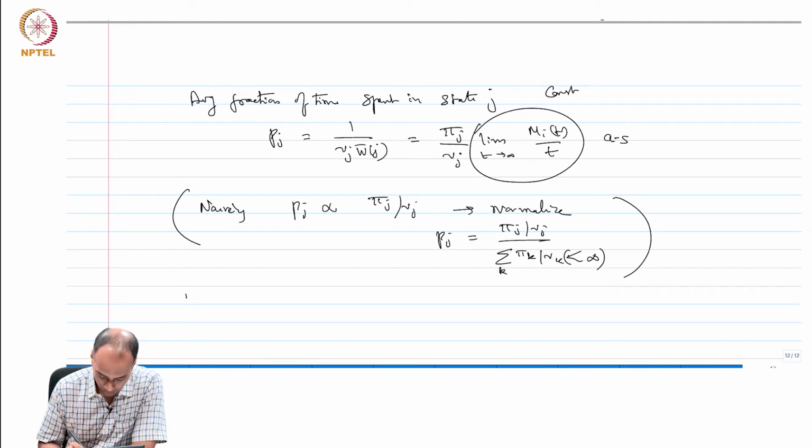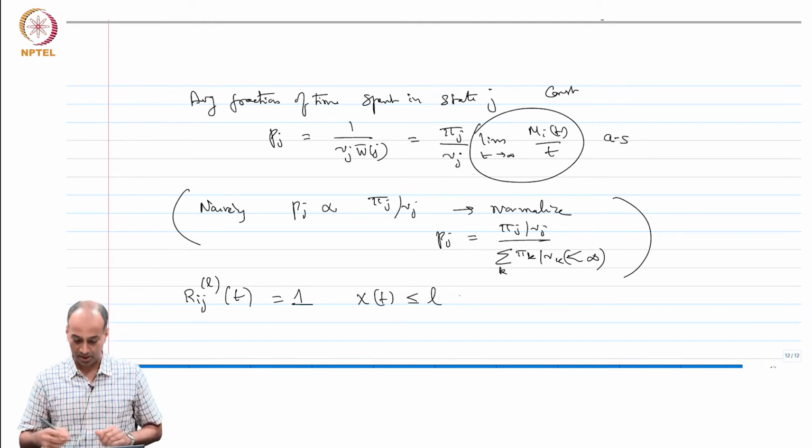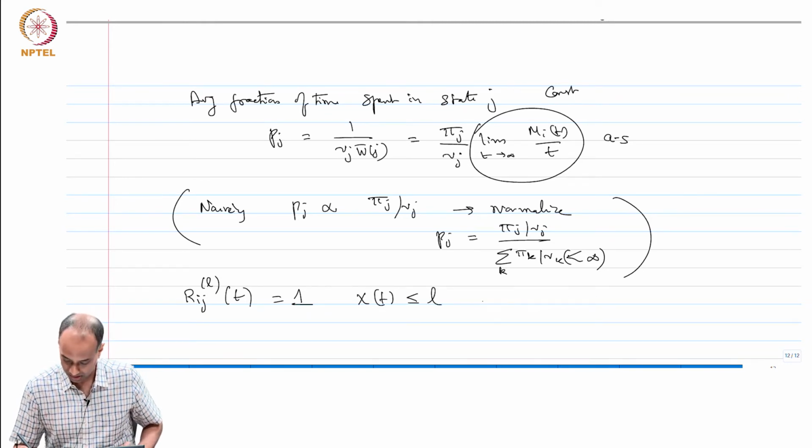I am going to give a reward. I am going to look at a truncated reward, R_ijl of t, equal to 1 whenever x of t is less than or equal to L, okay, and this is a reward process.